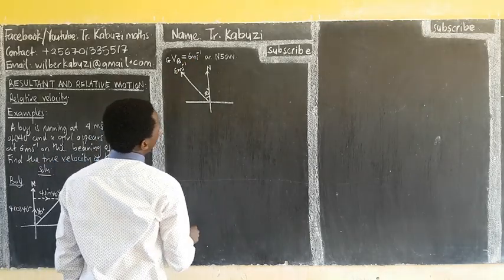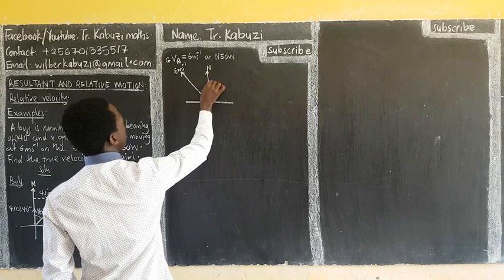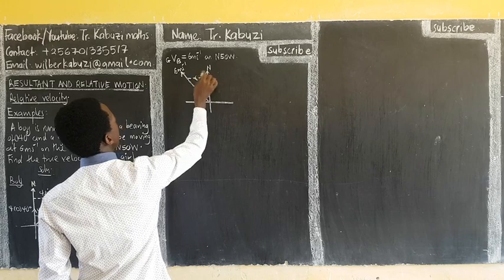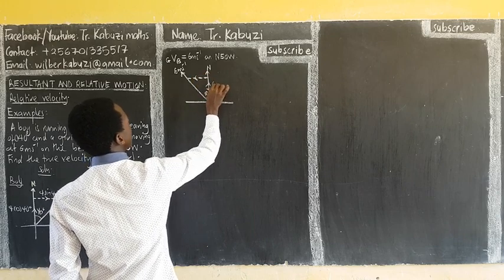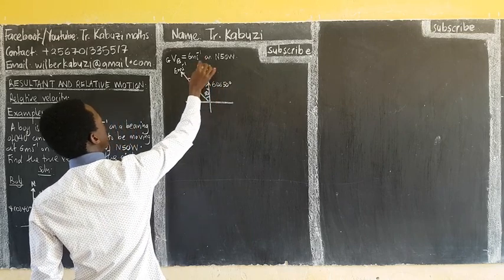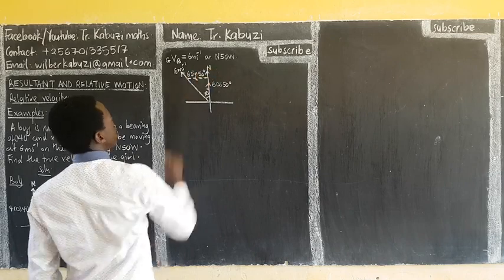So to resolve that velocity, you see where the angle is, I move like this, then like this. So you see, the adjacent is 6 cos 50 degrees. Then this is opposite, so it will be 6 sine 50 degrees.